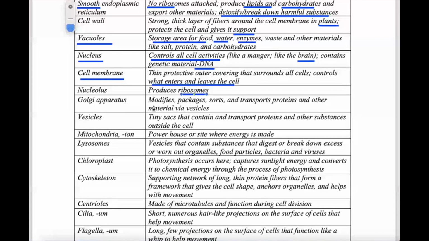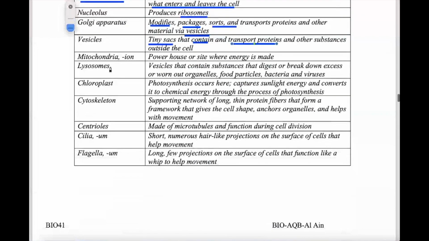Golgi apparatus modifies, packs, and sorts the proteins depending on where they will be given, whether outside or inside, and they transport them with the help of the vesicles. What are the vesicles? Vesicles are tiny sacs that contain and transport proteins and other substances outside the cell.